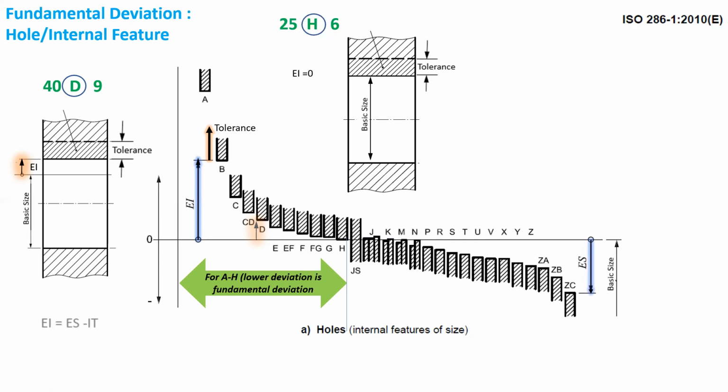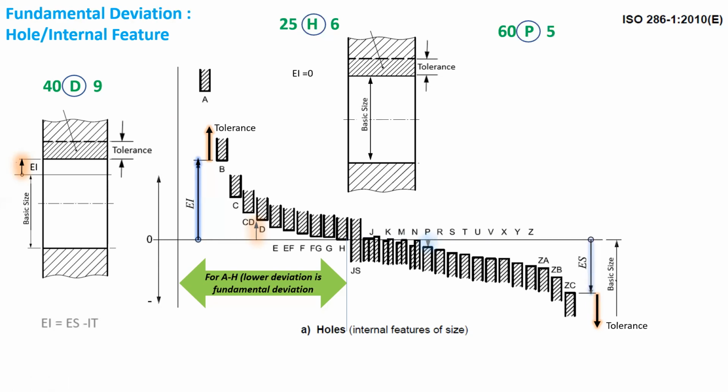From J to ZC, the fundamental deviation will be the upper deviation, and it will be negative. The tolerance zone will extend downwards from the fundamental deviation. Let's take the example of a 60P5 hole.